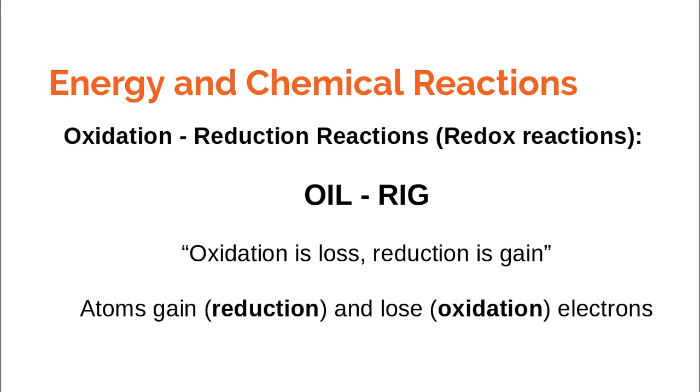Back when we were talking about cations and anions, remember that cations are positively charged, so they've lost electrons, and anions are negatively charged, so they've gained electrons. Our anions are the ones that have stolen electrons from our cations, which have lost them. So that is the basis of an oxidation reduction reaction.